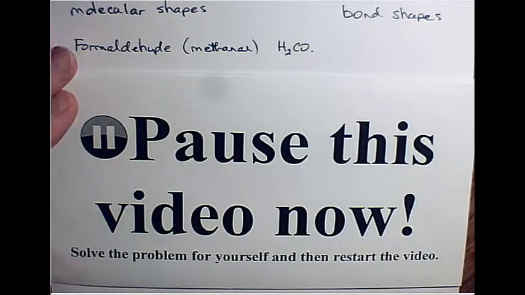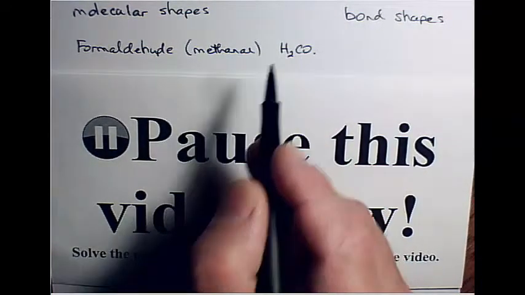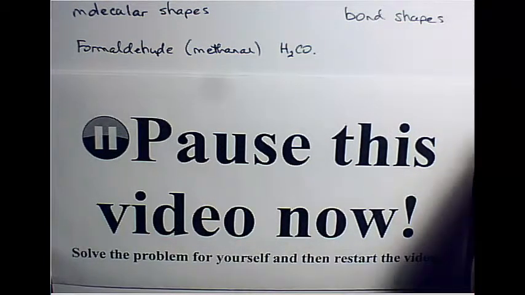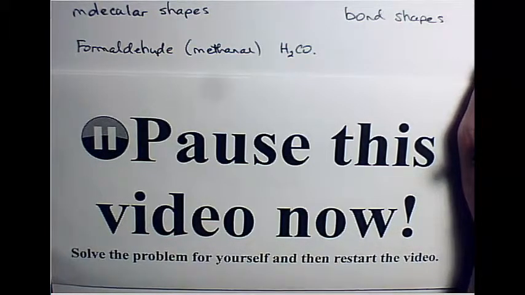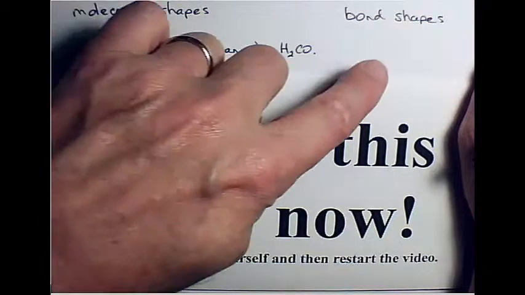So you're writing the electron dot formulas for all the atoms or elements here, then the sharing arrangement, then the Lewis dot formula, then the Lewis formula for formaldehyde, and I'm going to help you through understanding the difference between these molecular shapes and bond shapes.